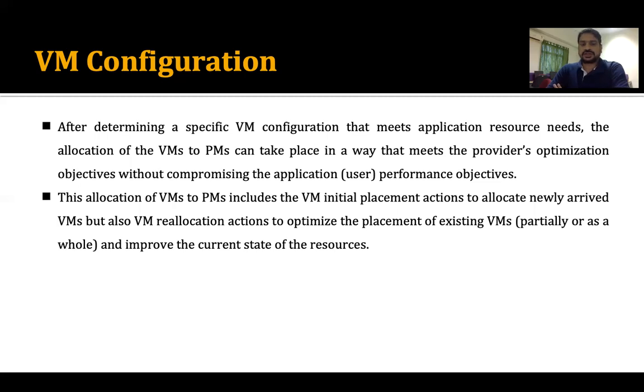This allocation of virtual machine to physical machine includes the virtual machine initial placement, which allocates newly arrived virtual machines, but also the virtual machine reallocation action to optimize the placement of existing virtual machines, partially or as a whole, and improve the current status of the resources.